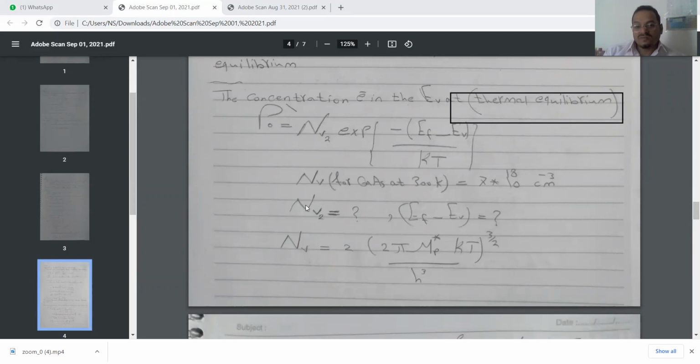Here we must find the result for NV because we don't have it. We have the result for KT because I calculated it before, and we don't have the result for EF minus EV.